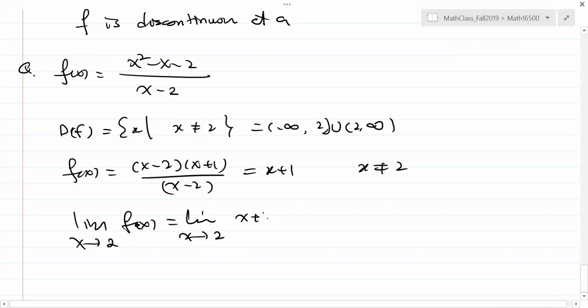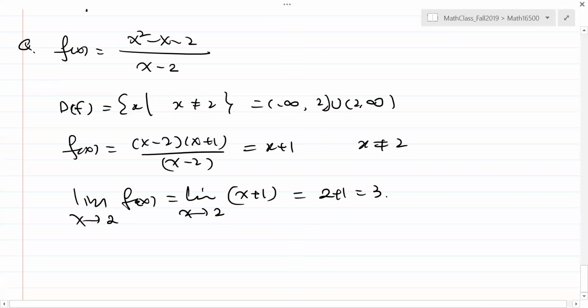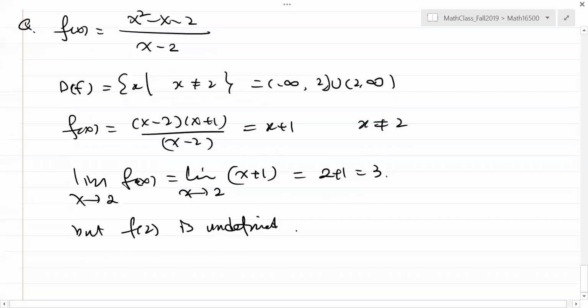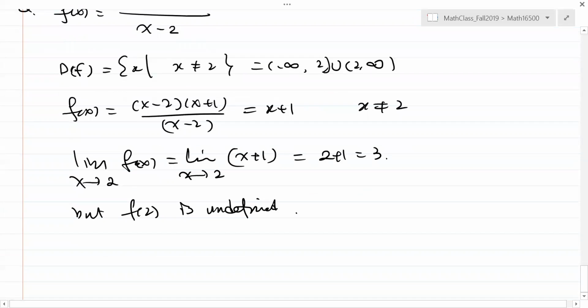So this is just x plus 1, that's 2 plus 1, which is 3. So 3 is its limit. The limit exists, but f of 2 is undefined. So we cannot talk about continuity at 2.